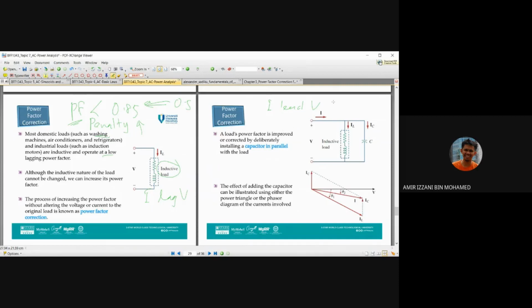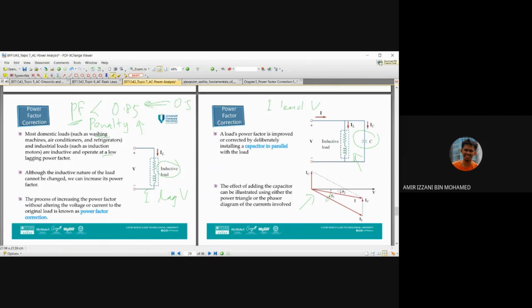As shown in this figure, place a capacitor in parallel with the load. We have an industrial motor, and we put a certain number of capacitors to improve the power factor. The effects of adding a capacitor can be illustrated in this figure. We can reduce this angle.